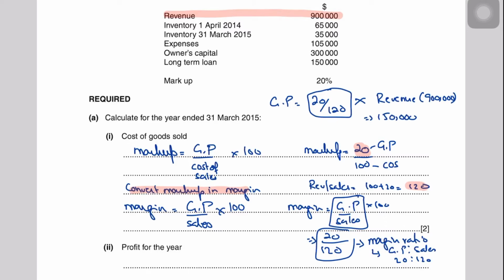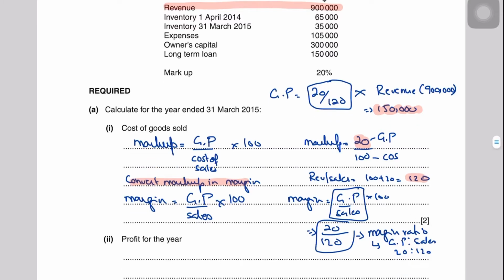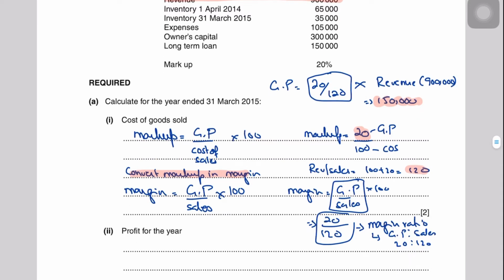So if the gross profit is 150,000 and the sales is 900,000, you can effectively calculate the cost of sales. The cost of sales is equal to revenue minus the gross profit, which means 900,000 minus 150,000. You get a cost of sales of 750,000 effectively. So this is your answer to part A.